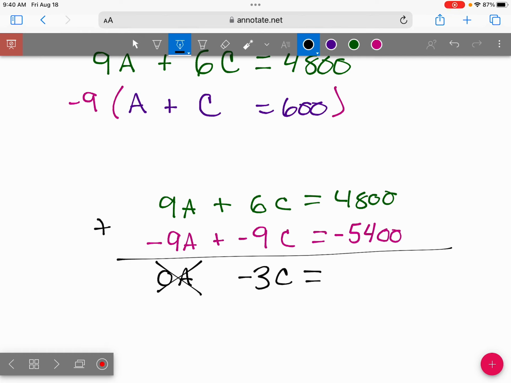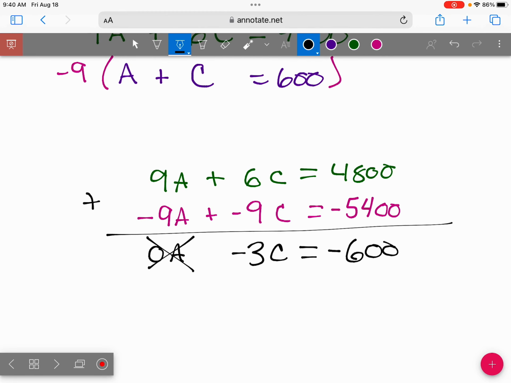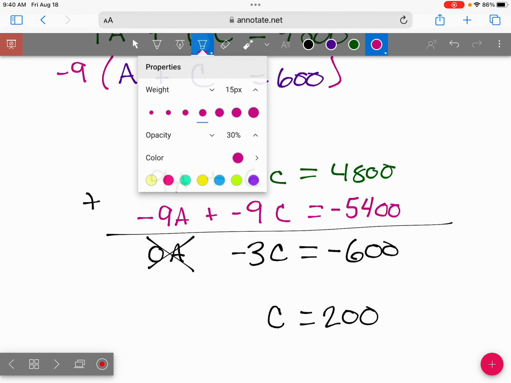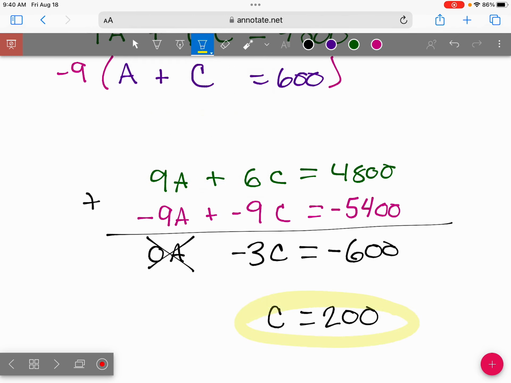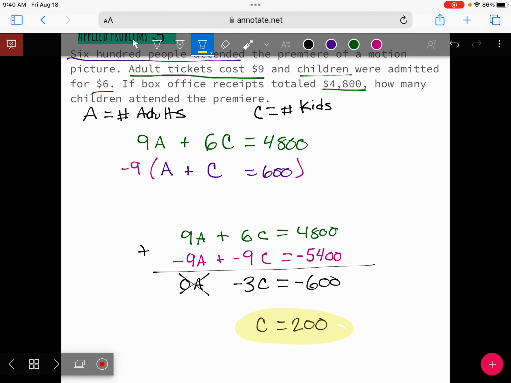And 4,800 minus 5,400, negative 600. So how many kids came? 200. And since we were only asked how many kids came, we can stop right there. If we were asked how many adults came, we take that and plug it back in.